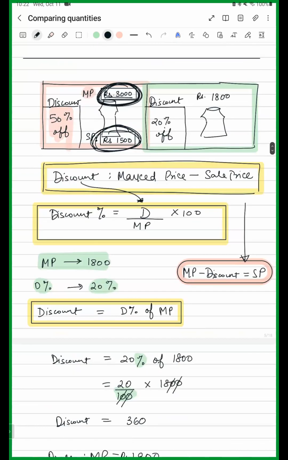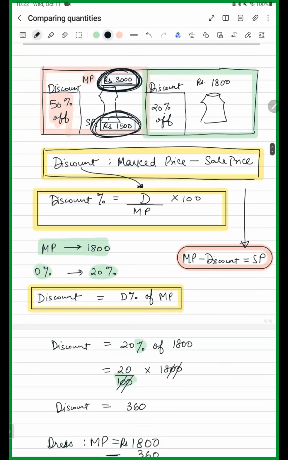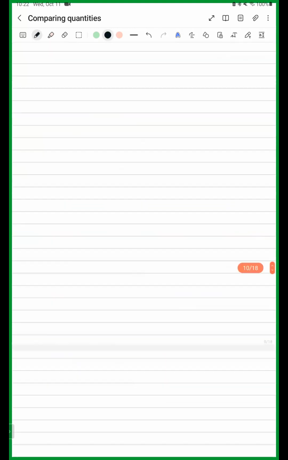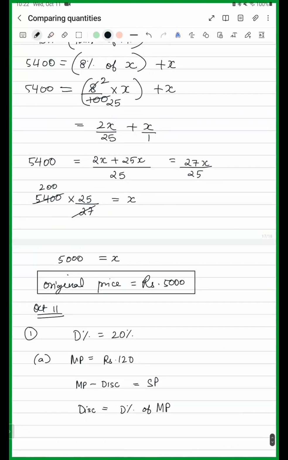The discount is D% of MP and discount percent is D by MP into 100. Fine. So we had 1, 2, 3 formulae, the one in yellow. If you have your notes of that day, kindly look at them. And let's come back to our question.